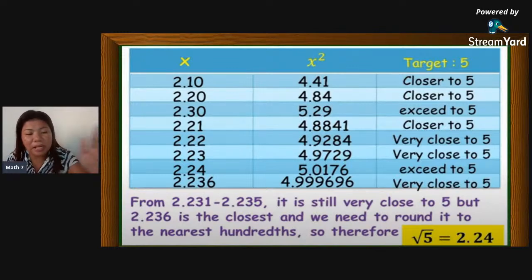Pero ang pinakamalapit ay 2.236. So, therefore, square root of 5 is equal to 2.24. The answer here is square root of 5 is equal to 2.24. Kopyahin po kapag tapos na, type done.